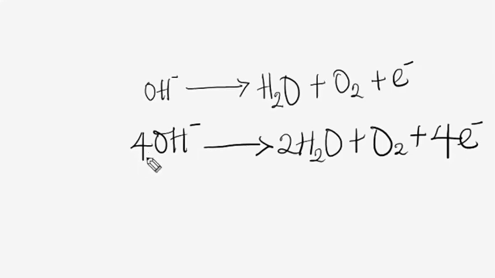Oxygen is 4 here, and oxygen is 4 here, that's 2 times oxygen here, plus 2 of this, that's 4. Hydrogen is 4 here, and that's 2 times 2, that's 4 here. We have 4 electrons here and 4 electrons here. So this expression is balanced at this point.